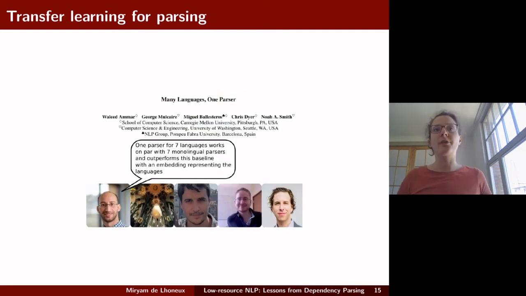Now, in this work, they trained the parser not just on pairs of languages, but on 7 different languages, so one parser for 7 languages, and found that this parser also performs well and even outperforms monolingual baselines if you include a representation of the language in the input of the neural network parser.